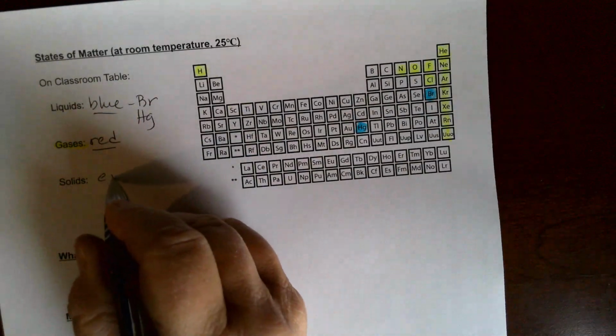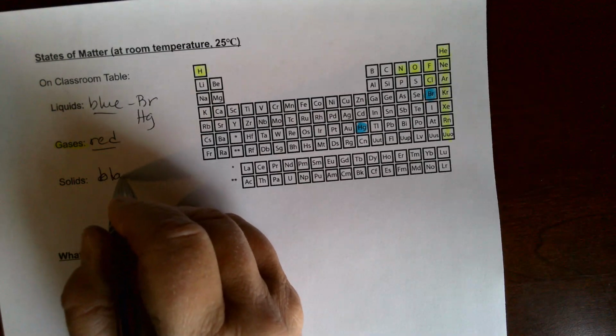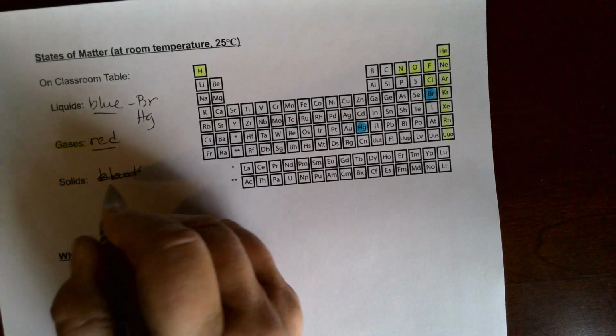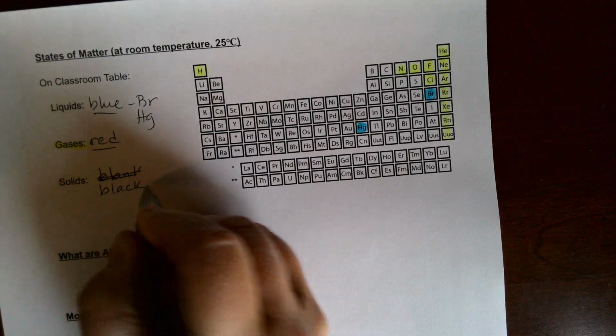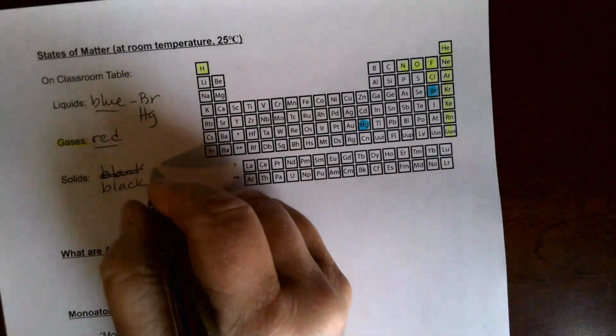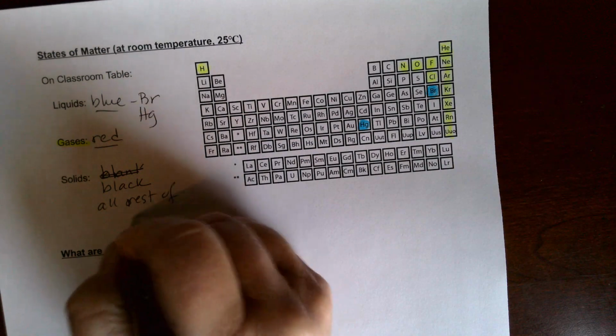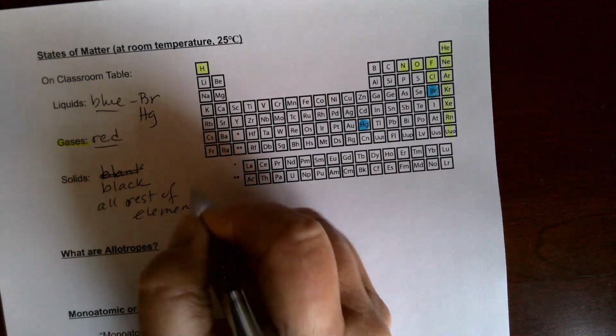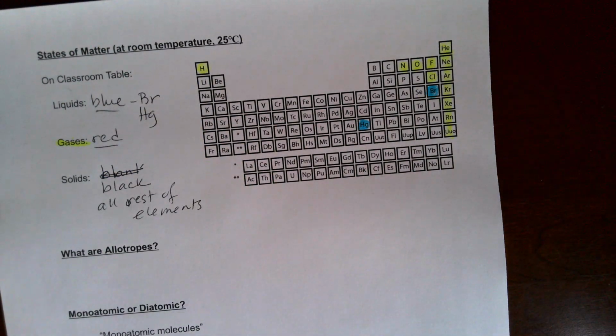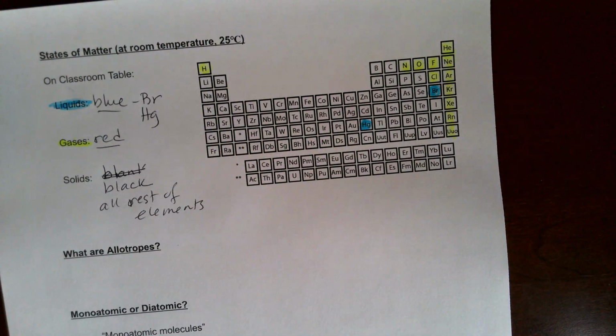And then the solids on the giant wall chart on the periodic table are printed in black, and it's basically all the rest of the elements that we haven't highlighted here. Okay. So I just want to make this note that the liquids, I highlighted them in blue on this chart.